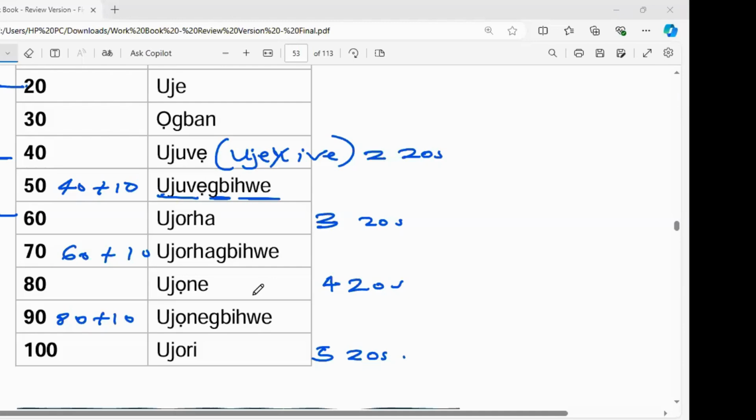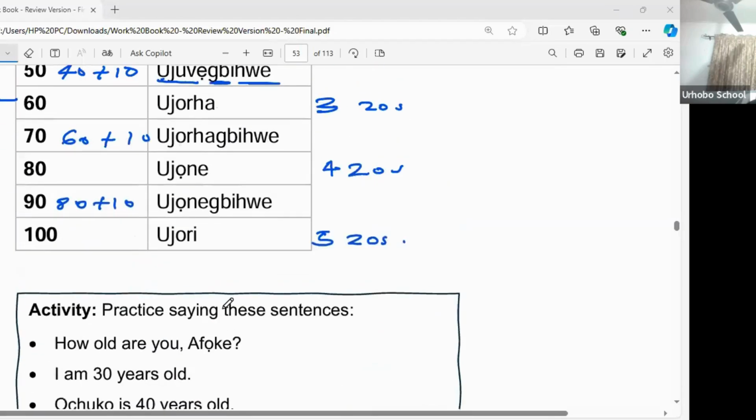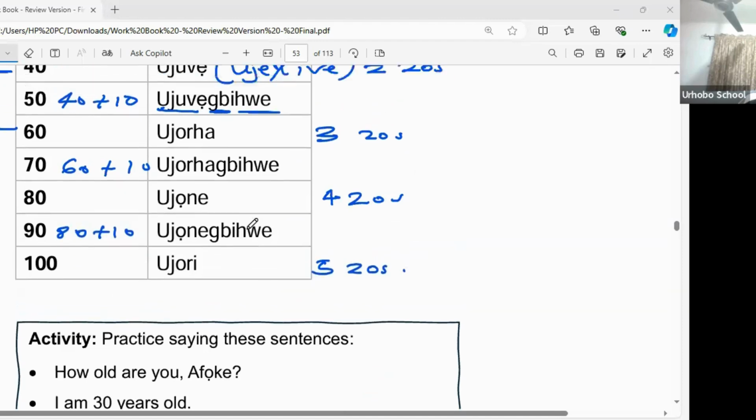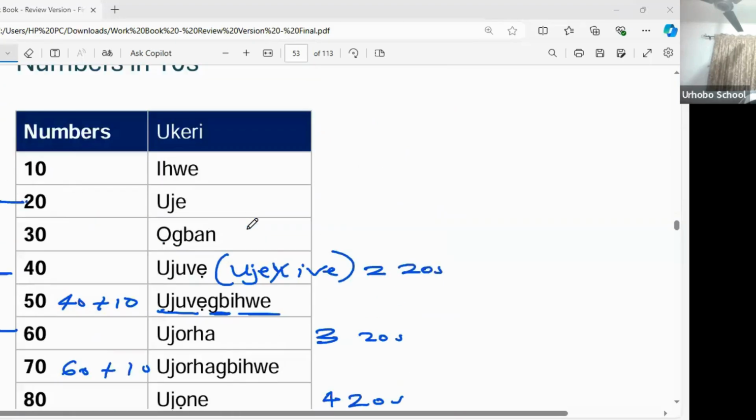Ujone Gbikwe Besan. Good. So then you count it until you get to 100. 100 is Ujuori. So that is how to count the numbers.